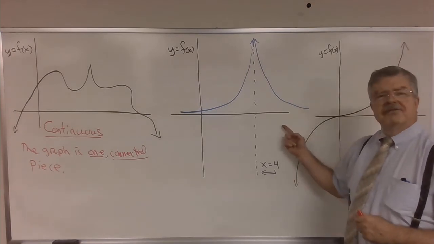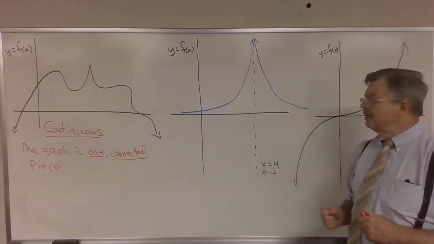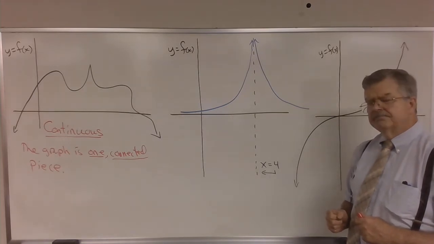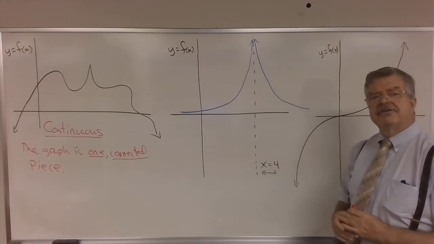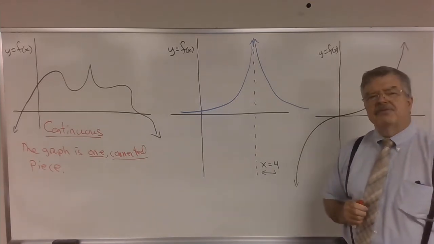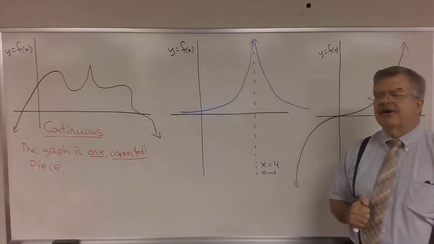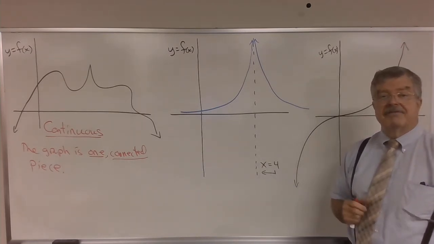Now let's get on to the second graph. We've got some vertical asymptote action going on here. What would you say here? Continuous or discontinuous? And I guess one of the things we'd look at is, are there any breaks or interruptions in the graph?